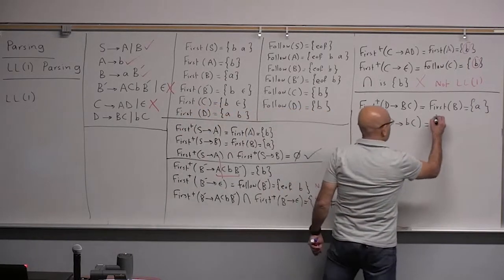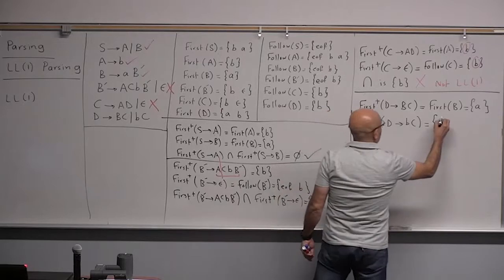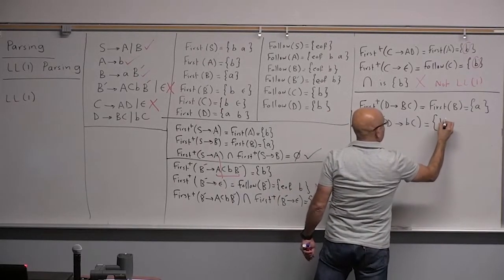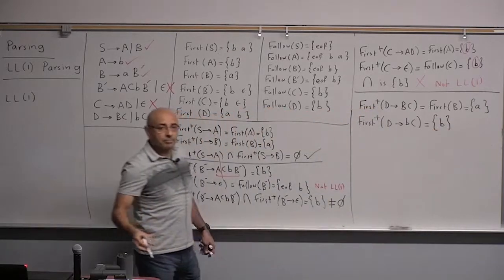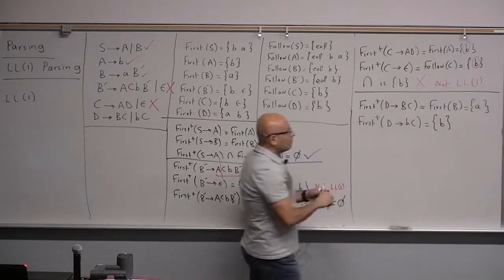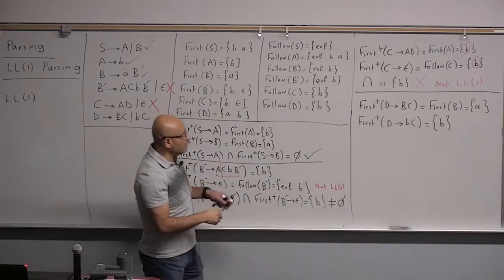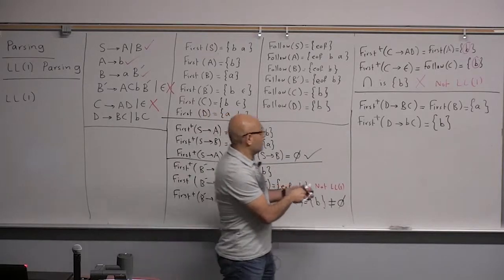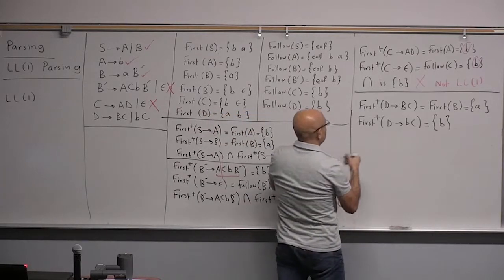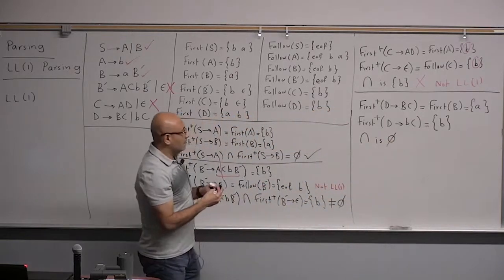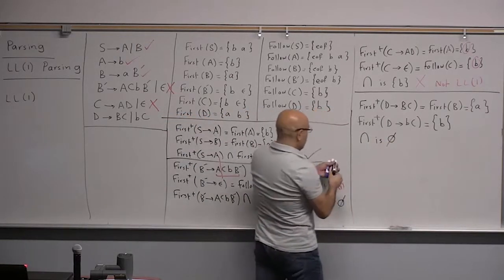So the first of this is B. Now the intersection between A and B is what? Nothing, phi. So the intersection is phi, which means that this is good.